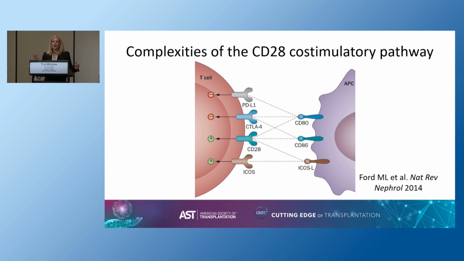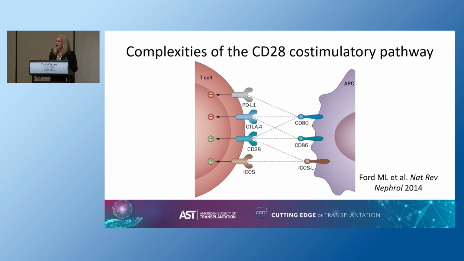And so if CD28 doesn't have access to CD80 and 86, it can actually use this ancillary pathway to also become activated. In addition, CD80 can bind to a negative regulator, PDL1, and inhibit alloreactive T cells.